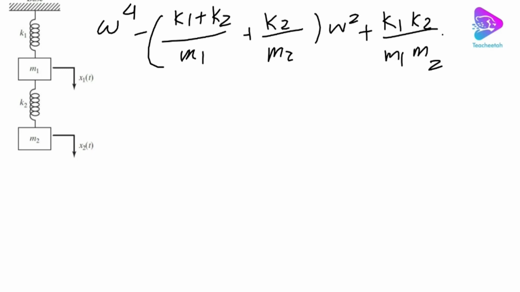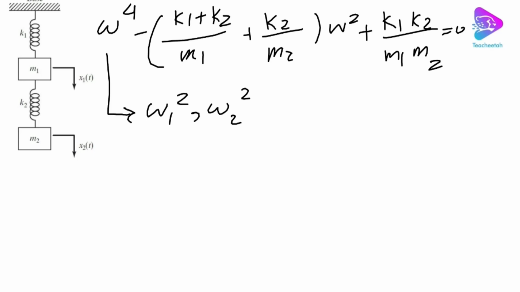Then we introduced a new variable u equal to omega squared to convert this equation into a quadratic equation, and we can find the roots based on the delta formula. This gives us omega 1 squared and omega 2 squared, and therefore from that we can find omega 1 and omega 2.